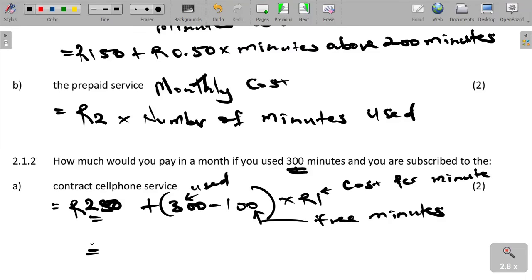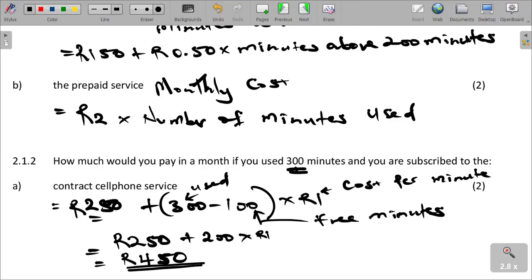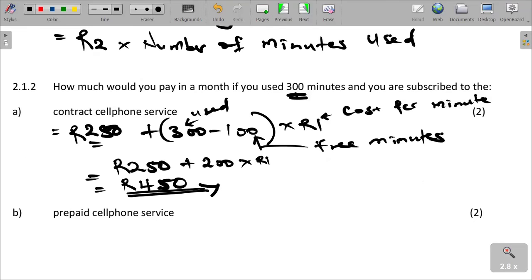So we put it through: 250 plus 200, that is 300 minus 100 multiplied by 1 rand, and that is going to give you 450 rand in terms of the contract cell phone service.